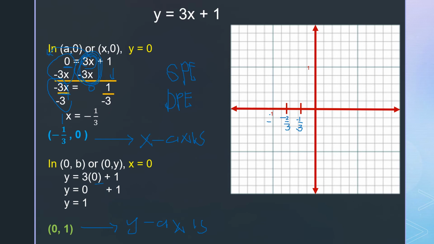This is negative 3/3, or in whole number, in negative integer, it's negative 1. Next, we have negative 1/3, 0. So this is our negative 1/3, 0. And for the other point, we have 0, 1. That is 0, 1. And then connect the points. The black line is our y equals 3x plus 1.